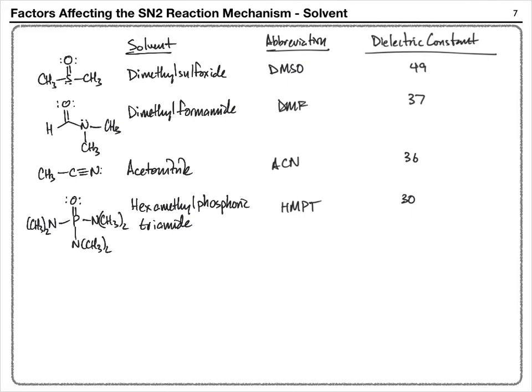And then finally, another one is acetone or propanone. This doesn't have an abbreviation, but the dielectric constant is 21. So these are common solvents used in SN2.